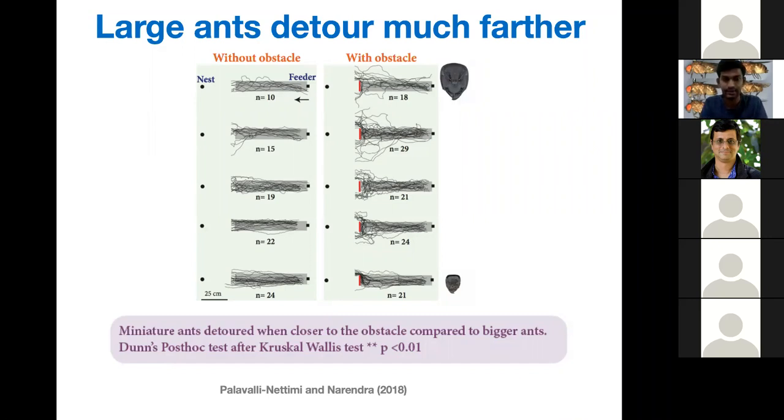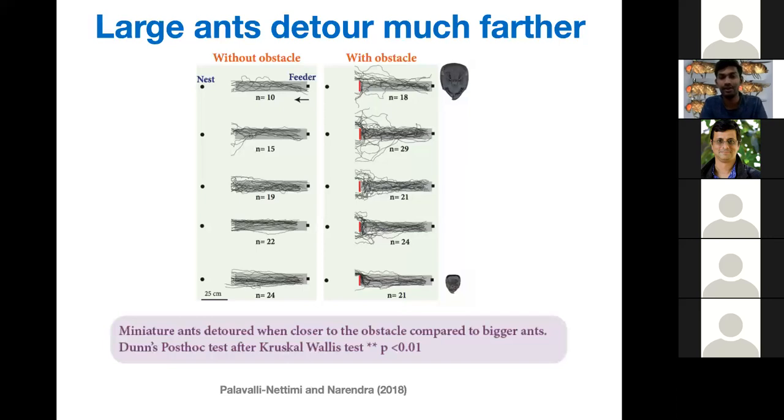These are just digitized paths from videos. Basically I clicked a million times, maybe, on every frame, and then created these paths. As you can see, they almost always go straight towards the nest if there's no obstacle, almost within that particular corridor that I've drawn there.